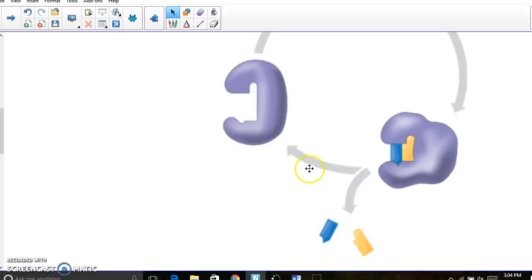In the meantime, here's our enzyme, unchanged, and this spot right here is where those substrates can bind. And anytime the substrates can bind, that is the active site. So this is where they bind, that's where they fit, that's the active site.